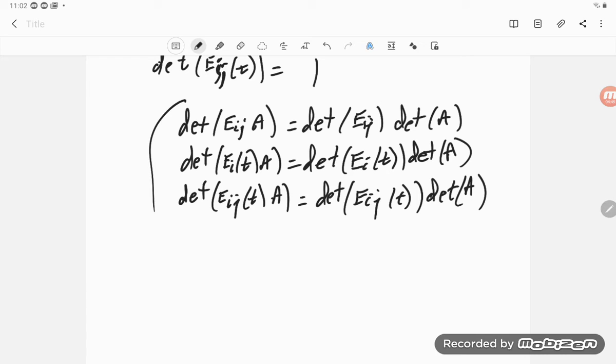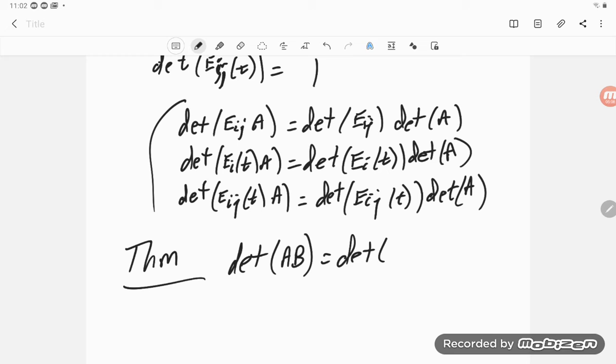It takes a bit to actually do the proof, but what this leads to is a theorem that they've left out, which I think is a very important theorem: the determinant of A times B, that product, is the determinant of A times the determinant of B. For non-singular A and B, the proof works by writing A or B, either one, as a product of row matrices, and then those all behave with these theorems here. That is how you get at this product.